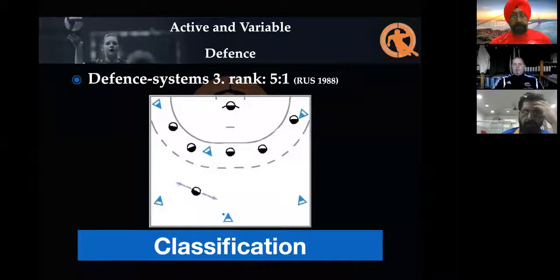In 1988, the Russians came to the Olympic Games in Seoul, Korea, and they took the Olympic title with this type of defense. As you can see in the picture, it's a 5-1 with 5 players basically positioned in the area between 6 and 9 meters, but 1 player outside.